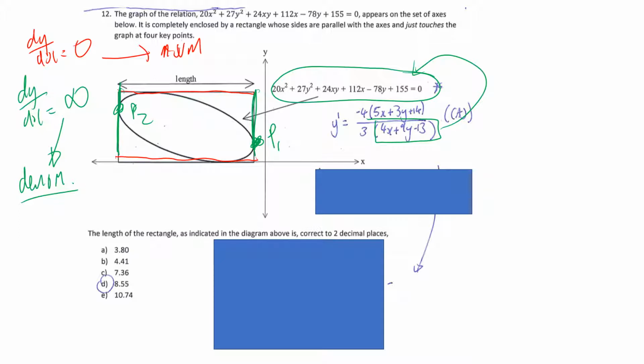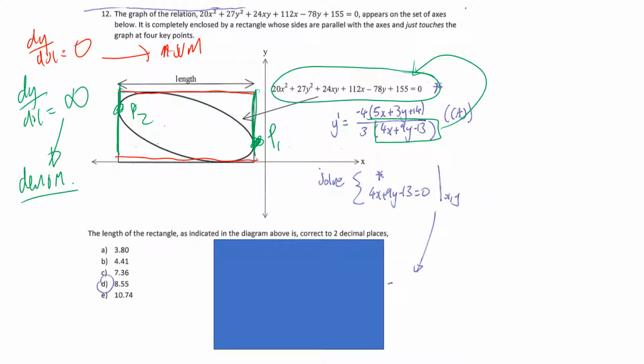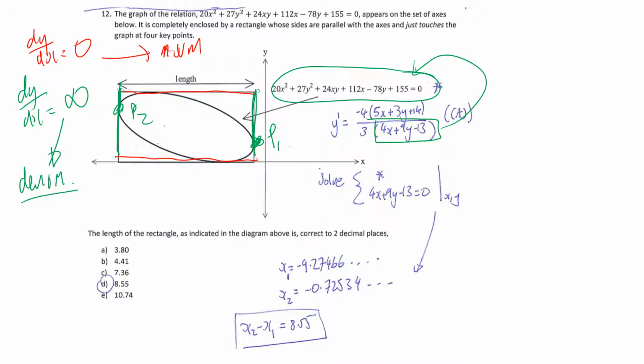All of this is very, very neatly done with your CAS. There's no point putting in any long-winded algebra. Because of course we could take the rule for the curve, our rule for the denominator being equal to 0, solve asking for those xy pairs, and that of course will lead us to points 1 and 2. Now we're not interested in the y values of those points, only their x values and only the difference of those two x values.